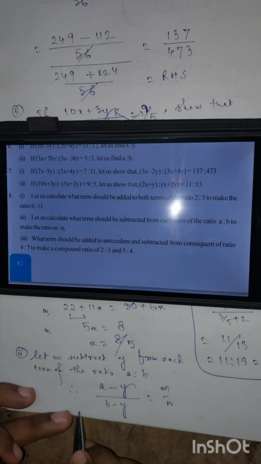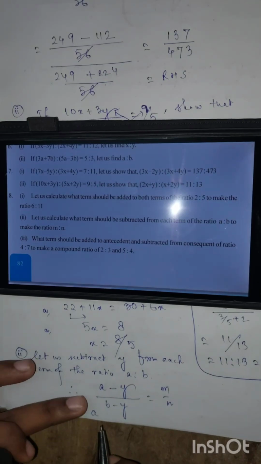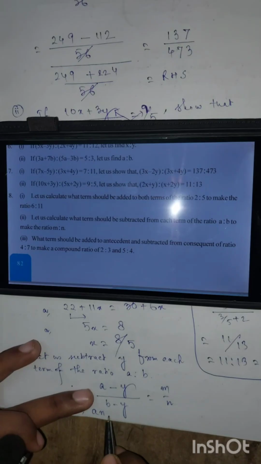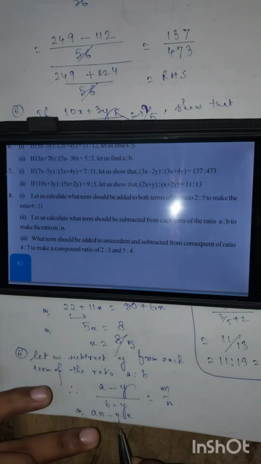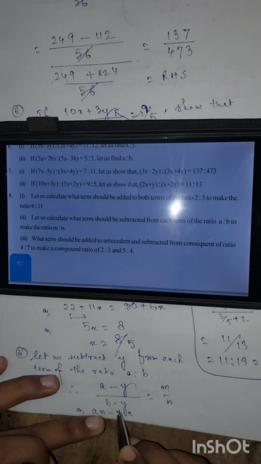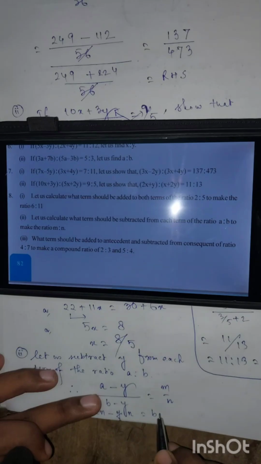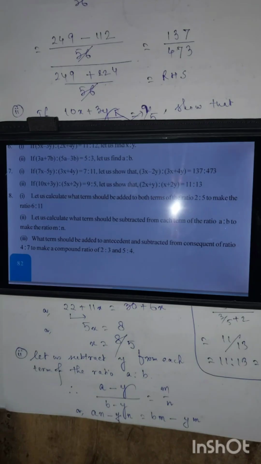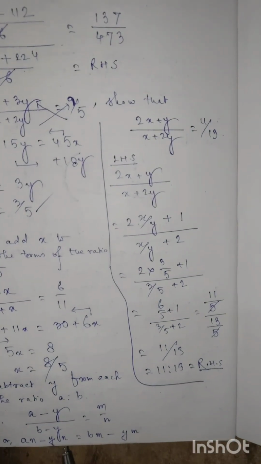So by cross multiplying we get, okay, by cross multiplying we are getting this. Now we are taking the terms containing y to the same side.